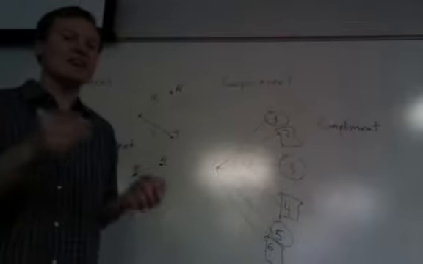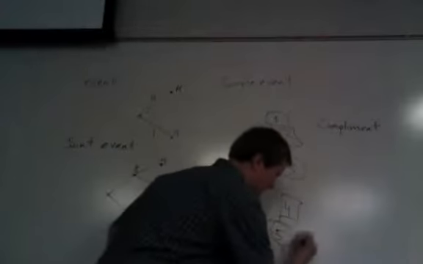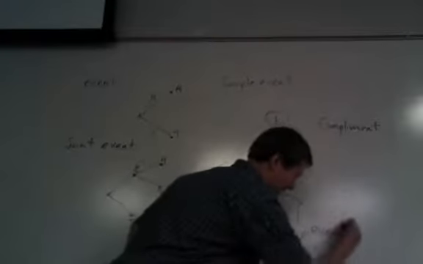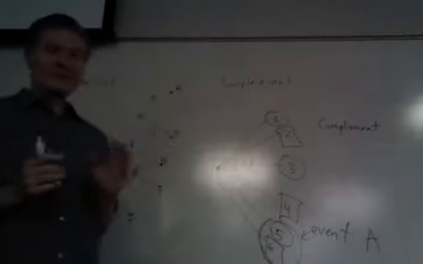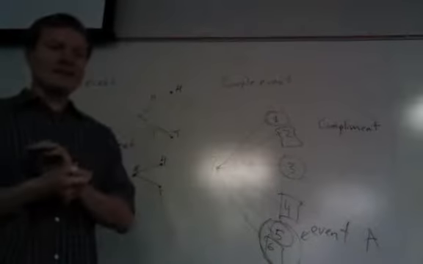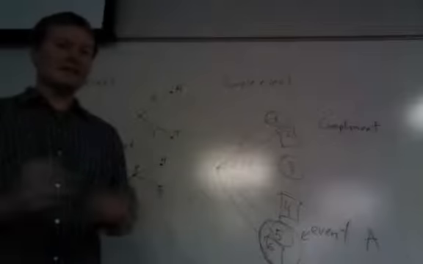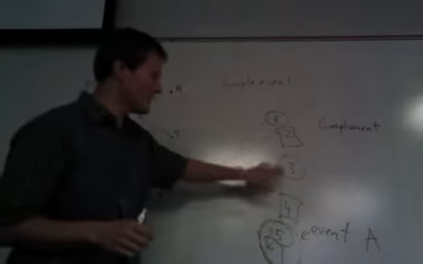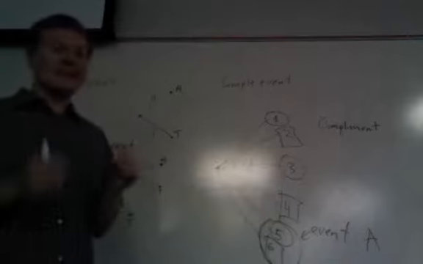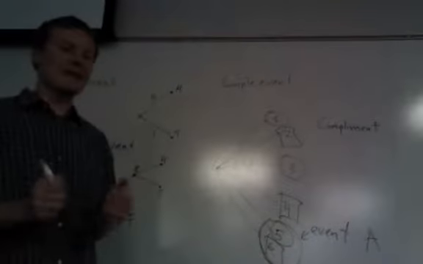That's how I defined event A, 5 or 6. A complement is anything else besides event A. So if you get 1, 2, 3, or 4, that's a complement to event A, and it's denoted by A prime.